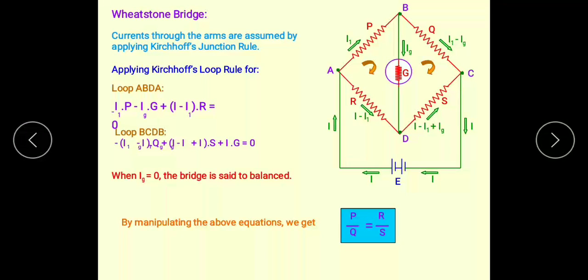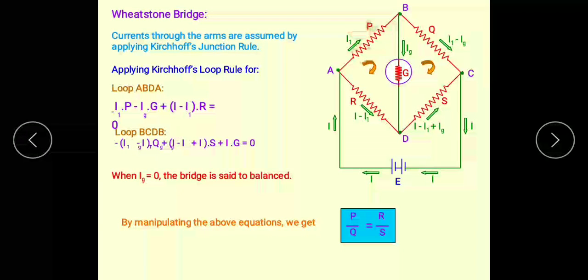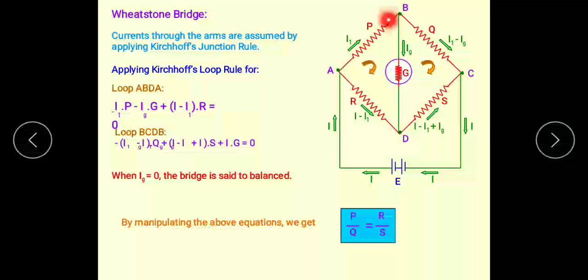So here the current is I1 and the resistance is P. So the potential difference here will be I1 into P. I have written here I1 dot P. The minus sign is also here, but it is somewhere at the bottom. So please remember it is negative I1 dot P.